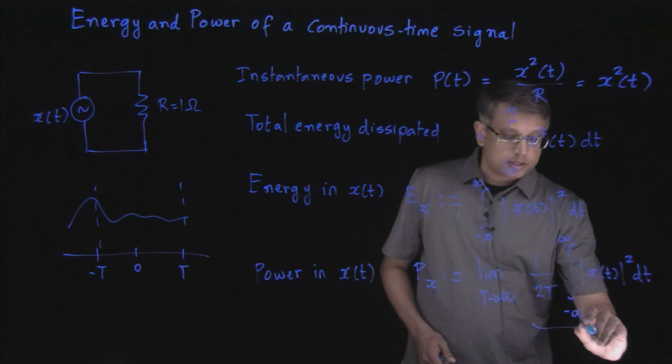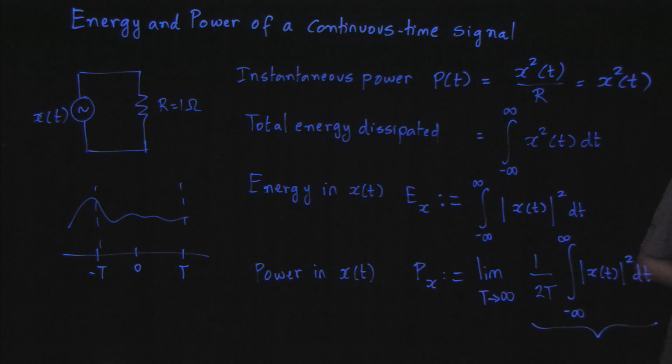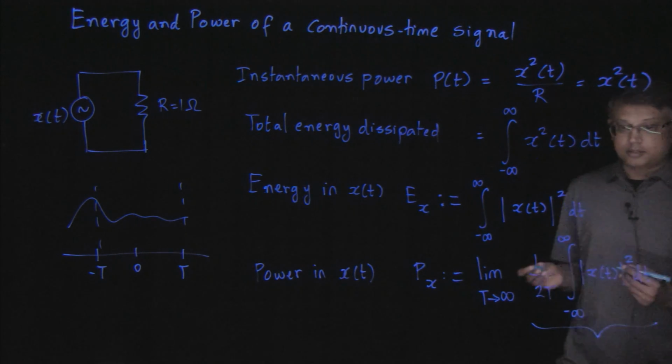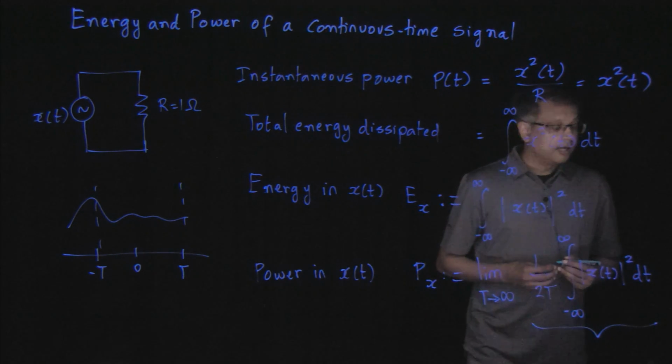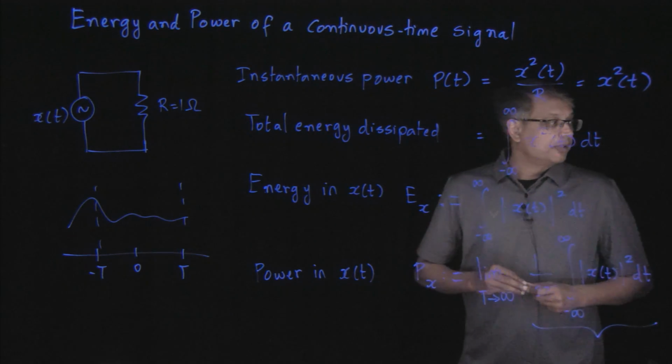So this gives us the average energy between time negative T and positive T. We divide that by 2T to get the average power, and then we take the limit of that as T goes to infinity.